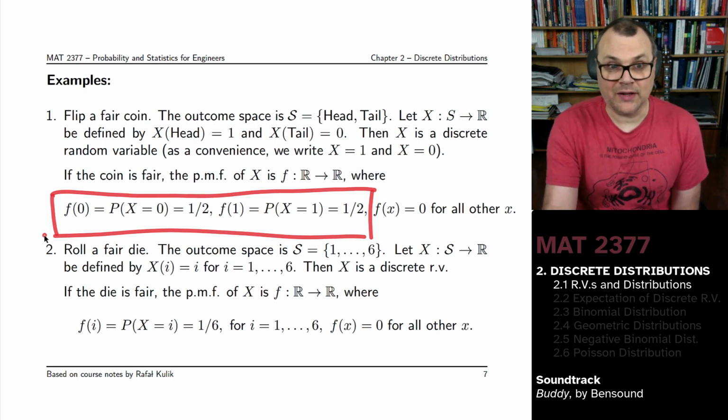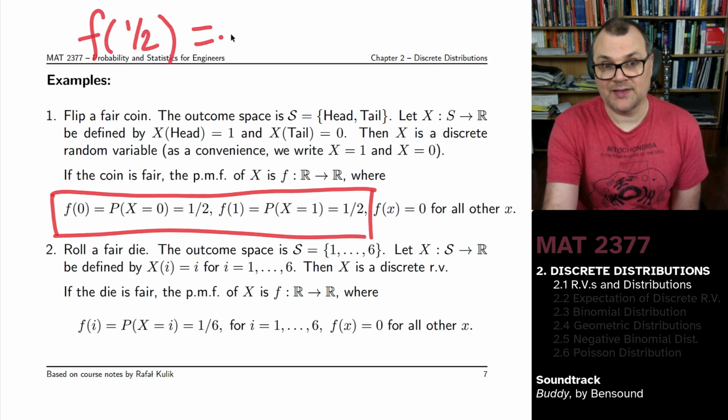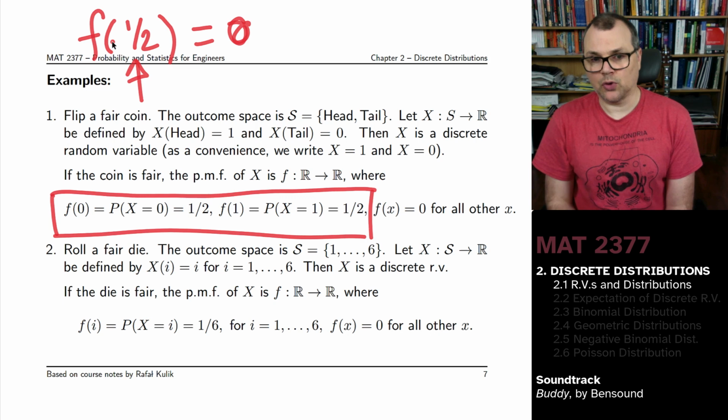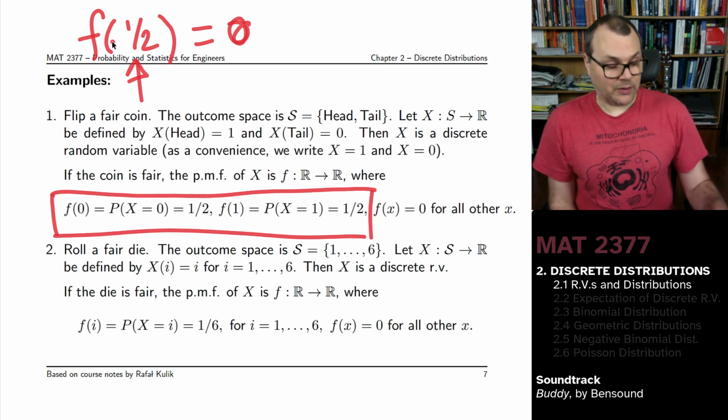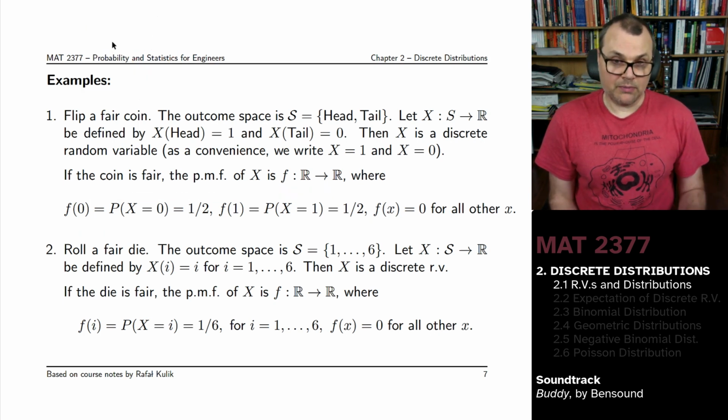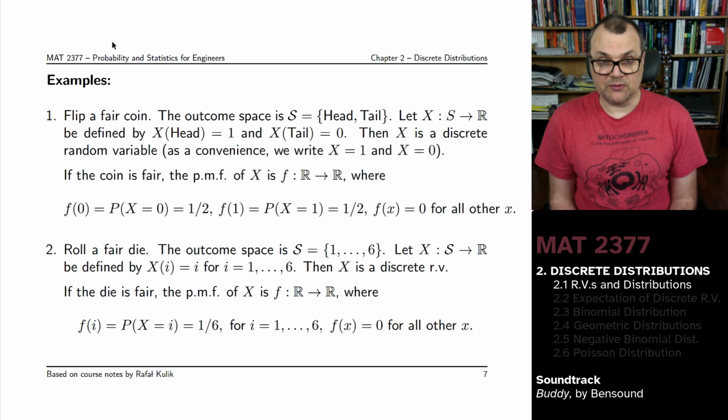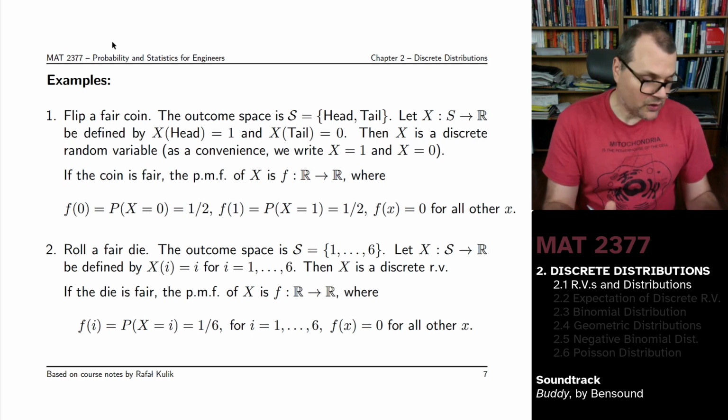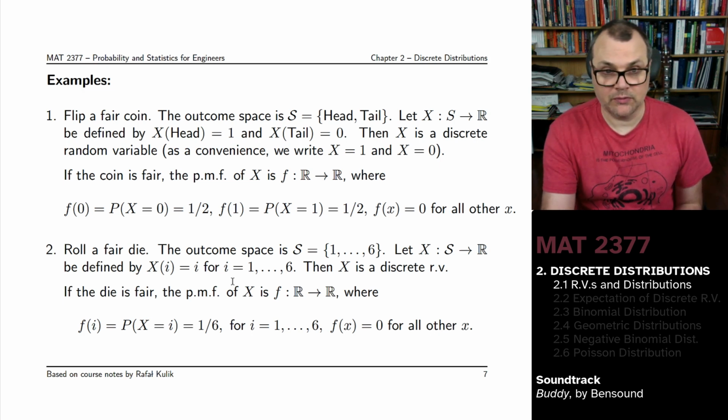So what's the value of f at 1/2? Well, that's 0, because the only thing that you can put in here to not get 0 is either 0 or 1, and 1/2 is not 0 or 1. We can verify that the properties of a PMF apply. Yep, the values of possible outcomes are found between 0 and 1. 1/2, 1/2, that's between 0 and 1.